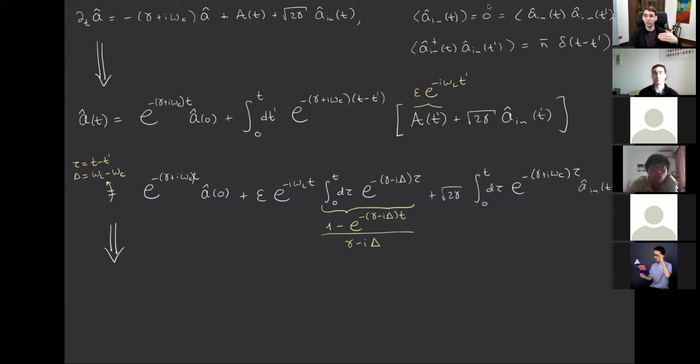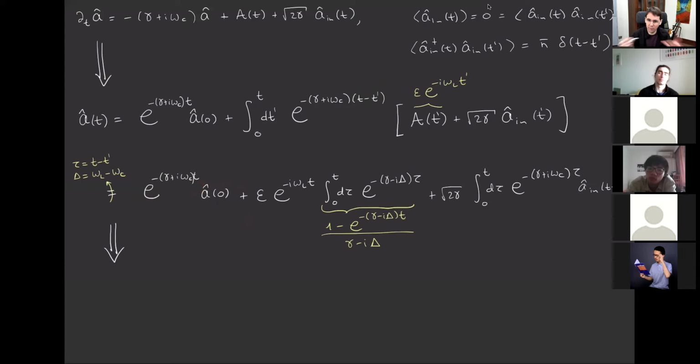And as I said, we are going to be interested in very long times. So we are interested in what is the asymptotic state, so the equilibrium state of the system. And you see that, as promised, this initial condition term will be completely destroyed. Because when you take the time to infinity, in particular when gamma times t goes to infinity, then this exponential goes to 0. And that's independent of what is the initial operator A of 0, okay?